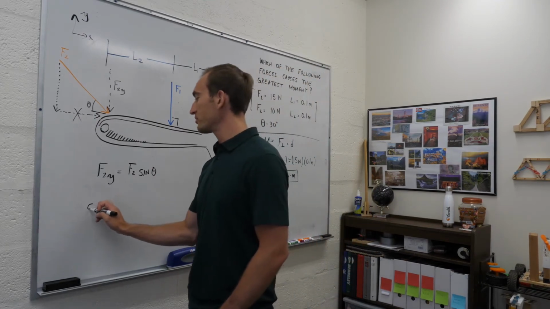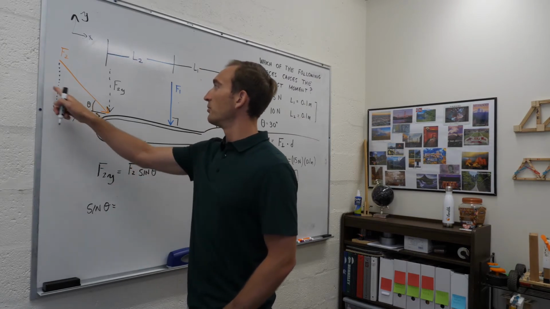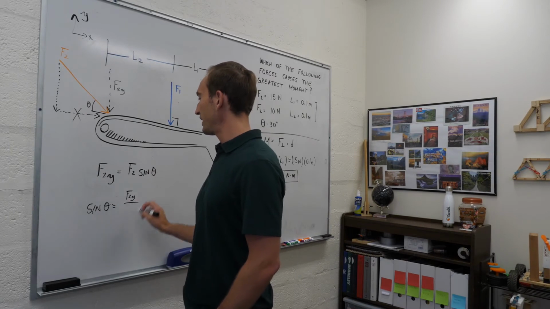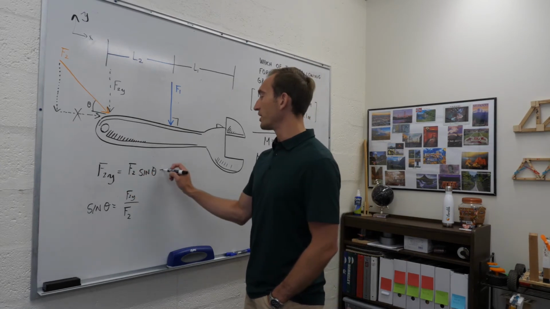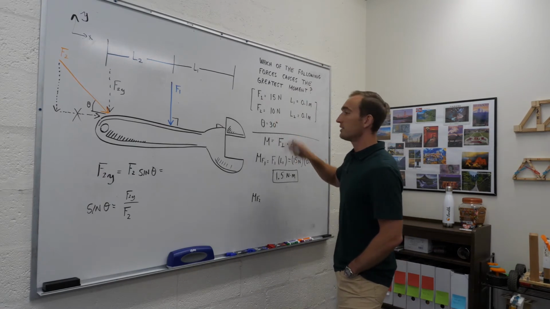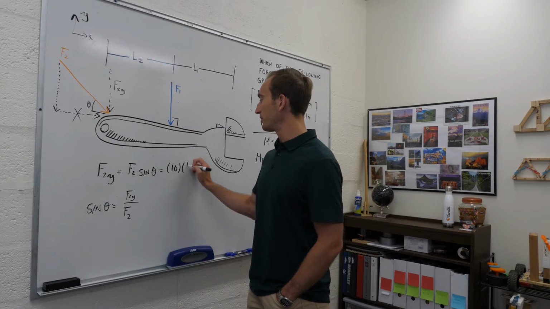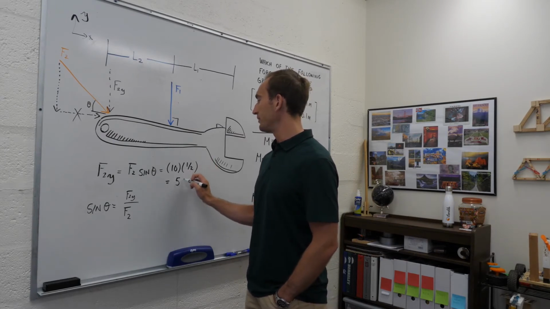Just to review really fast, remember that the sine of theta is the opposite side, which in this case is F2y, divided by the hypotenuse, which is F2. Therefore, F2y is equal to F2 sine theta, which is, if F2 is 10, and theta is 30, the sine of 30 is 1/2. So we get 10 times 1/2. This gets us a value of 5 newtons.